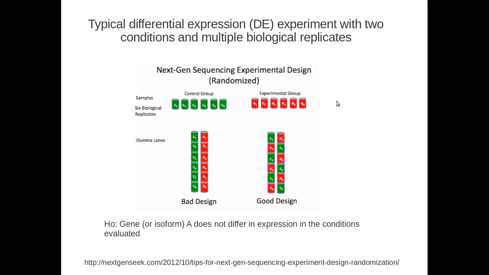So remember, in our rice example, we have a set of rice that are growing at one temperature, and an experimental group in which a set of plants were transferred to a higher temperature. And so these are replicates, and the replicates are important. It's something I want to emphasize here.